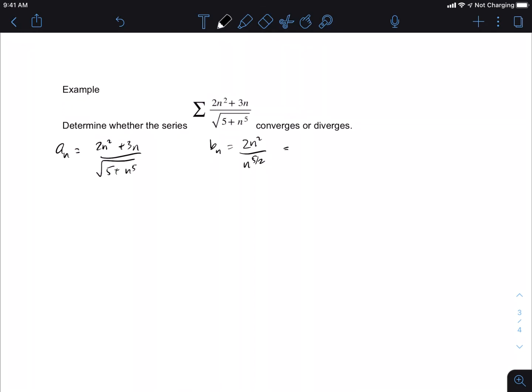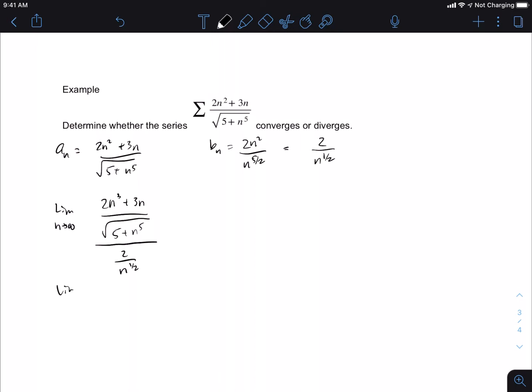But this is going to be able to be cleaned up to be 2 over n to the 1/2. Okay, so now we're going to do a ratio to this thing, just like the comparison test told us to do. So I'm going to have the limit as n goes to infinity of my 2n cubed plus 3n over the root of 5 plus n to the 5th, all over 2 over n to the 1/2.